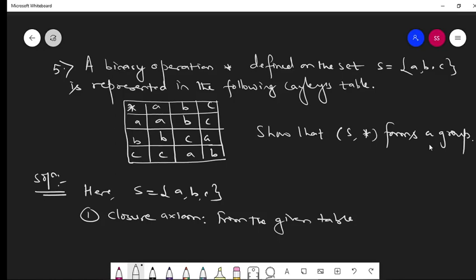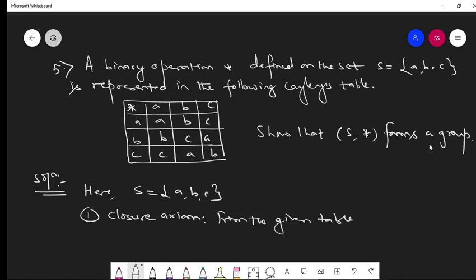So asterisk is closed, because the product of any two elements is in the given set. That's why the closure property is verified.